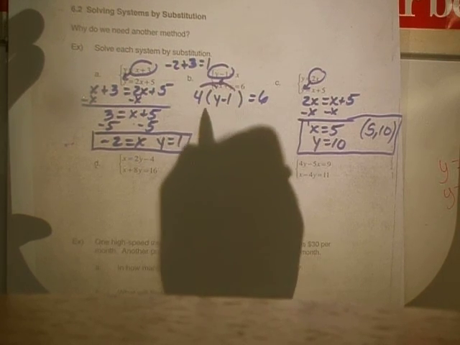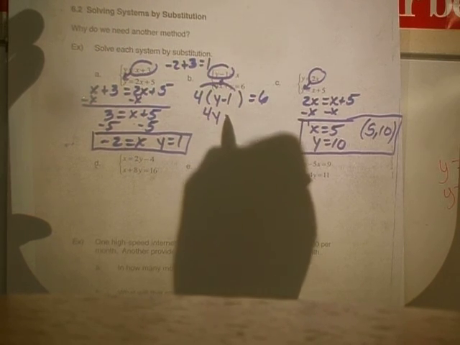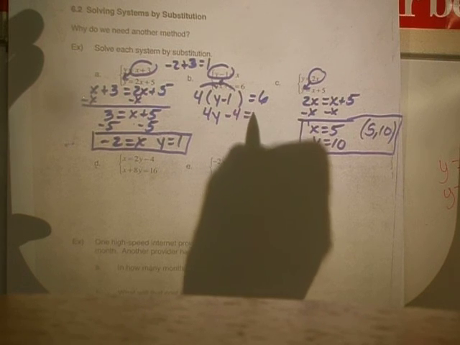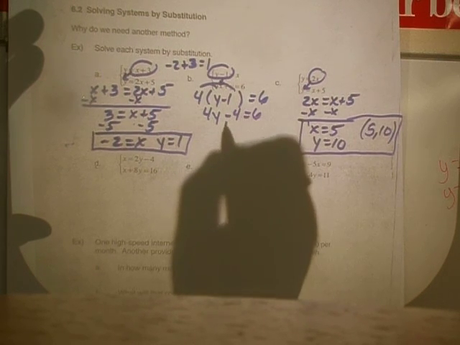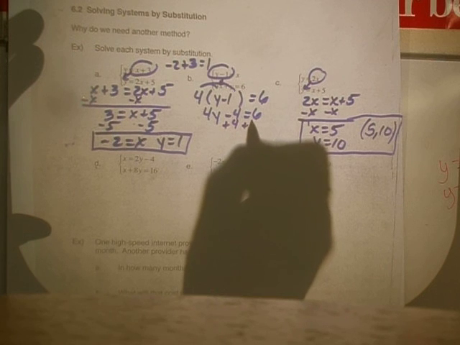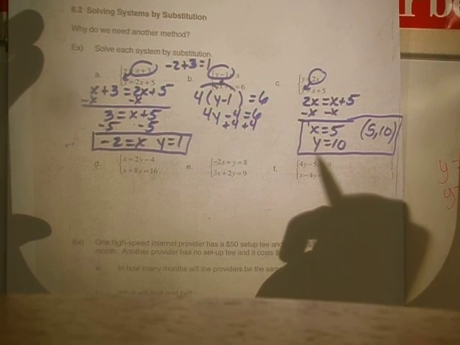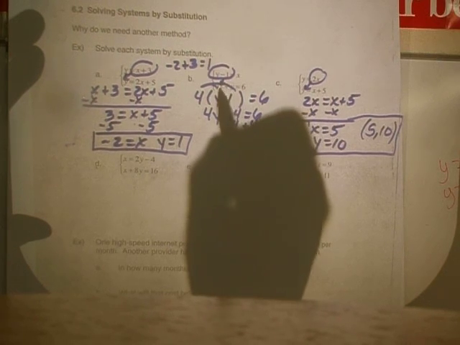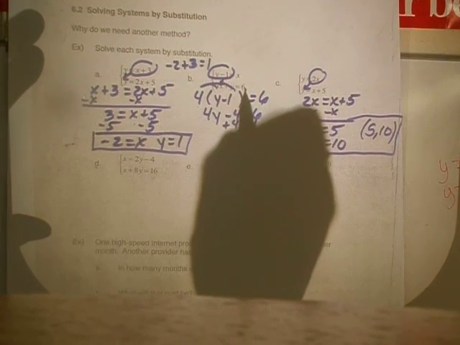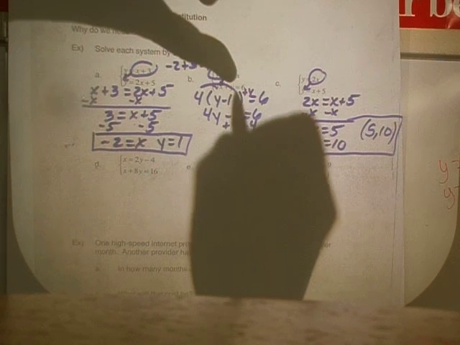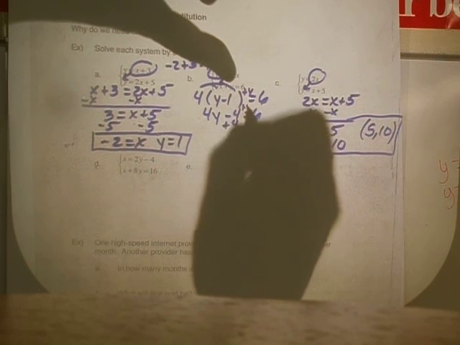Distributing, you will have 4y minus 4 equals 6. Adding 4 to both sides. Oops, I skipped the plus y, didn't I? Yeah. You have to have plus y in there. I skipped this part. So we have a plus y.